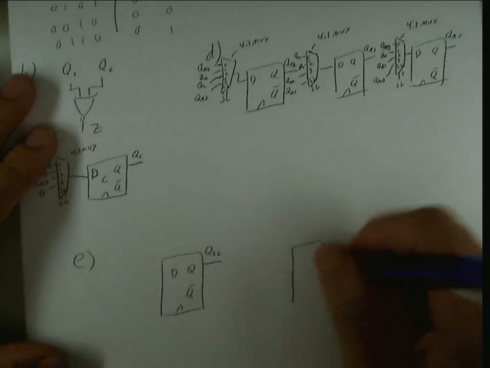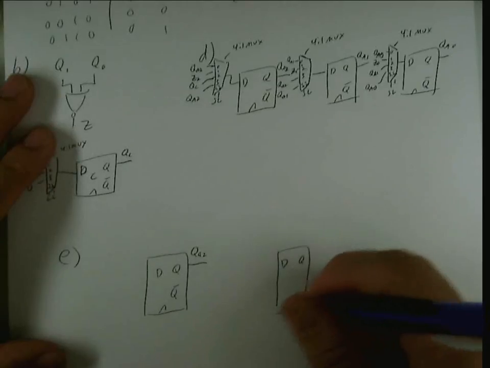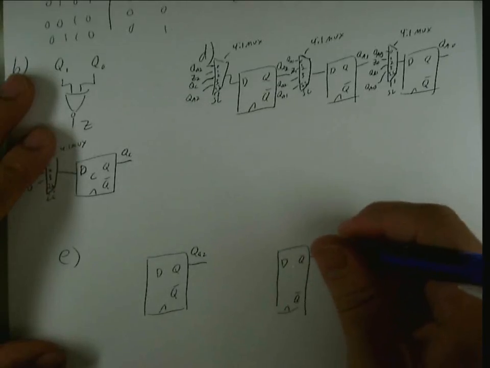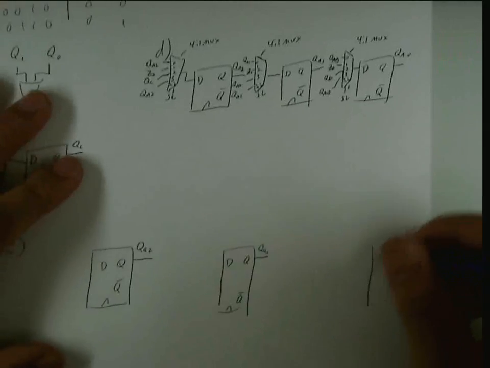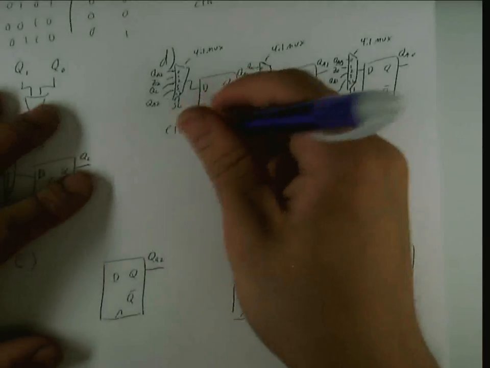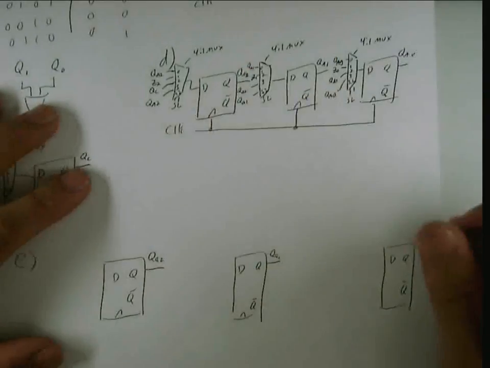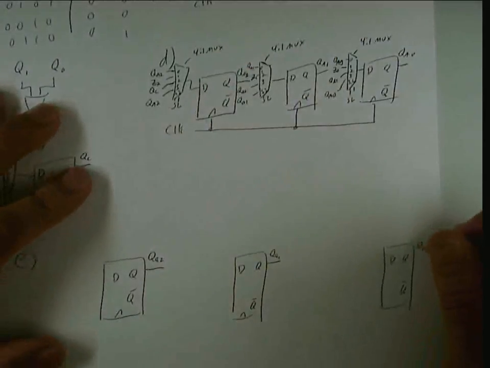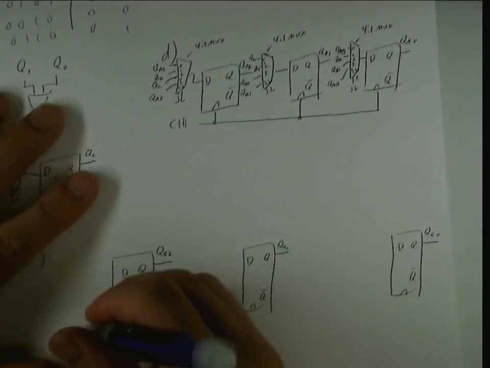Maybe not the best naming convention. You'll have to forgive me. Q bar. This is Q, Q1. And over here, we're going to have D, Q, Q bar. Sorry, I probably should put a clock in on these. Q, Q0. Clock onto this.